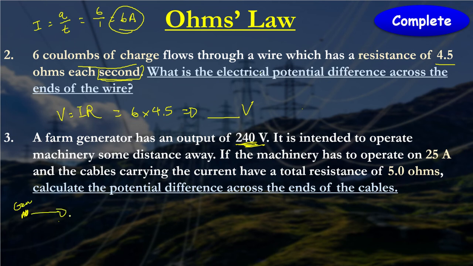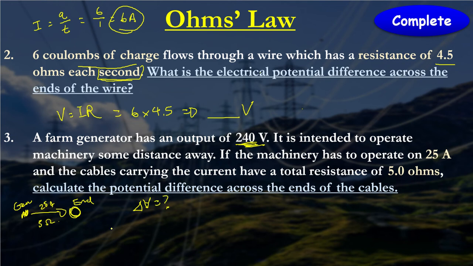It is going to go through a cable of 5 ohms and then an operation current of 25 amps to this whatever endpoint we want to call it. The question's asking what is the potential difference across the two ends of the cable.